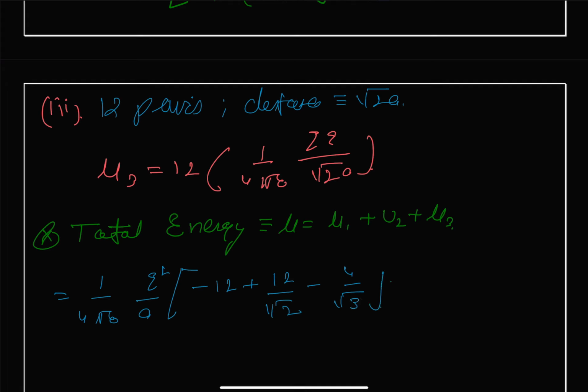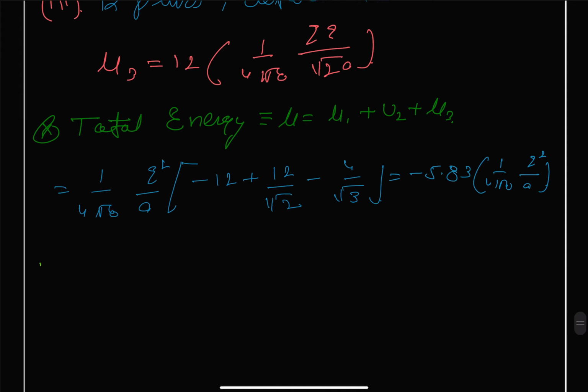This is approximately equal to minus 5.83 times 1 upon 4 pi epsilon naught Q square upon A. So work done will be the negative of this energy.